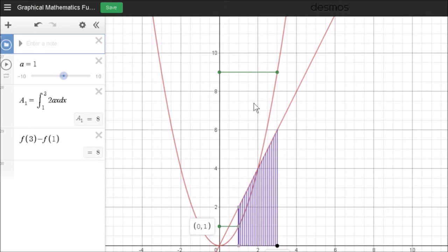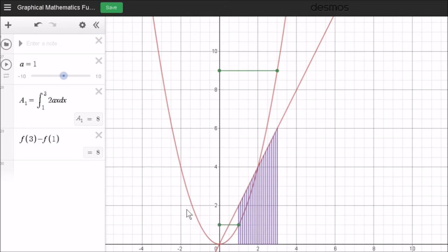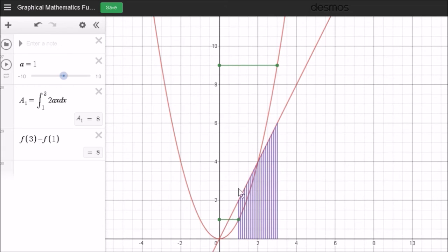So we can see here that the difference in heights tells us the areas between those points. So again, this is the fundamental theorem of calculus. It relates differentiation and integration, and it relates them in the form of gradients and areas.